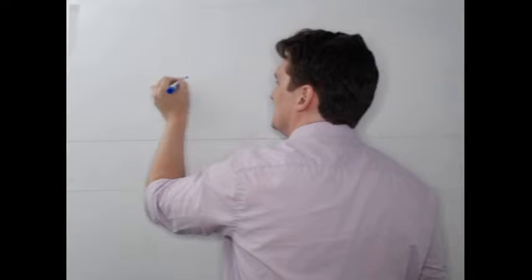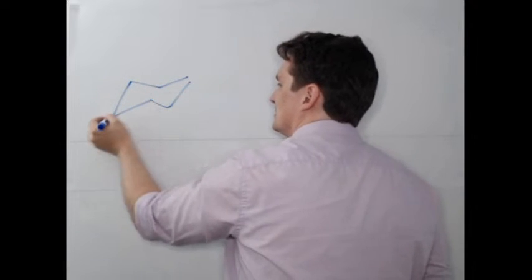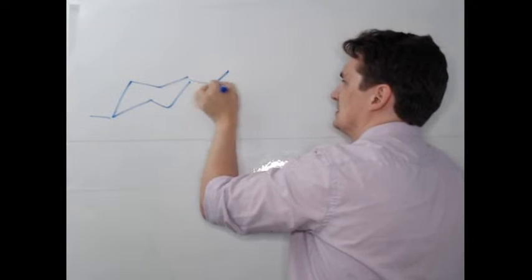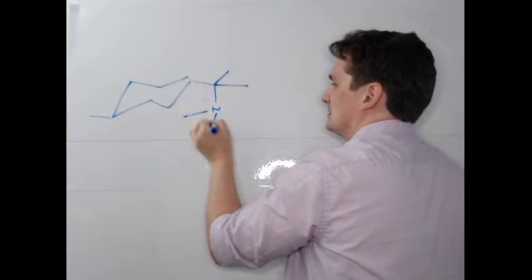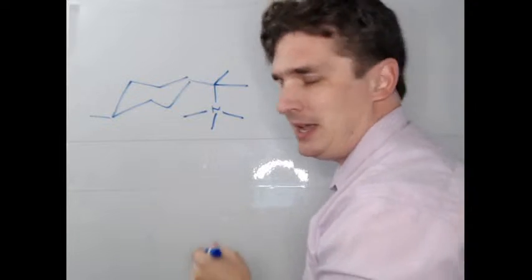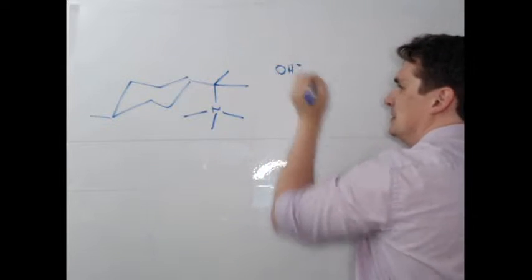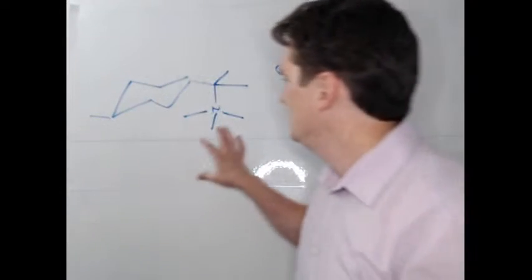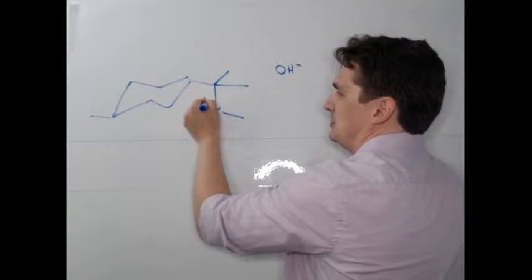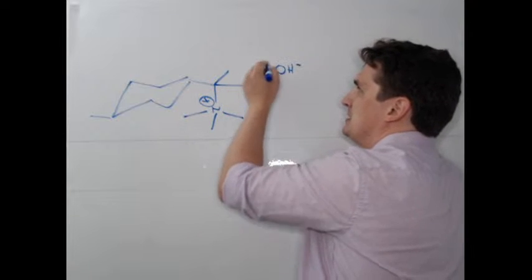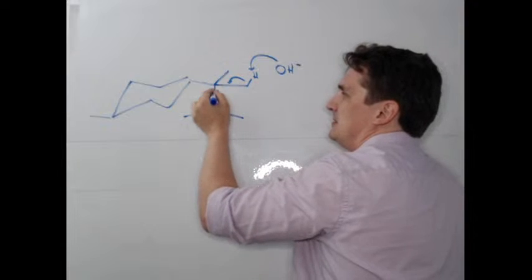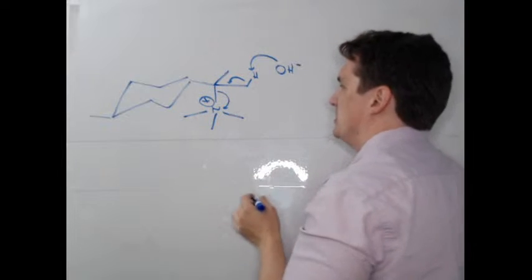I got it wrong. Okay, so we start with this compound. And we add a hydroxide. So this trimethyl amine group here is actually a really good leaving group. So what's going to happen is this OH is going to abstract the hydrogen. This is going to kick down to form a double bond, which is going to break this bond.